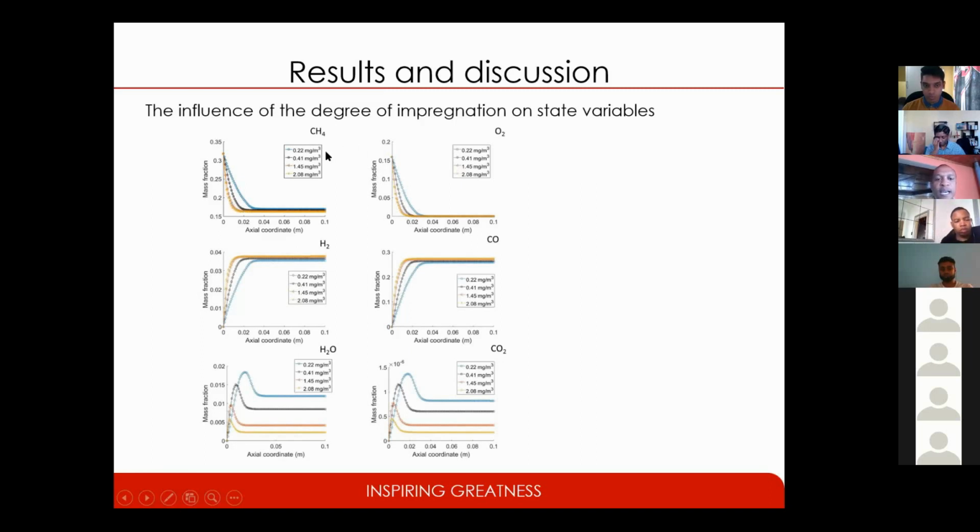You'll observe that at 1.45 milligrams per meter cubed and 2.08, methane mass fraction profiles are quite similar. So it does show that if you choose 1.45 milligrams per meter cubed as your catalyst loading, it will give you similar results as 2.08. In this case, it helps you not to use more than is necessary, whilst you can use less for the same results or same performance.